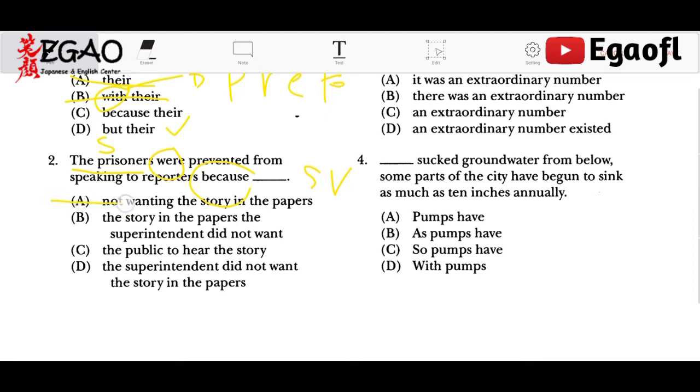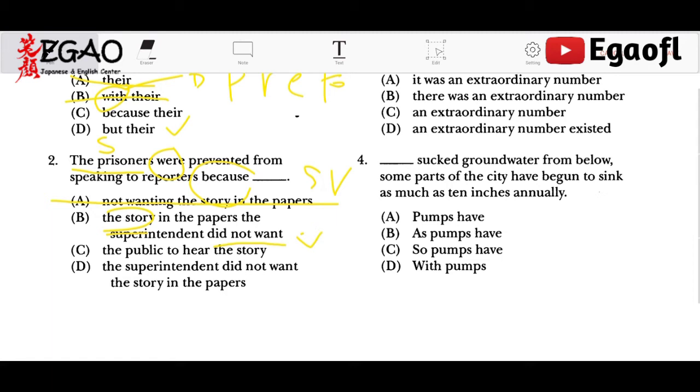So it's an impossible answer. B. "The story in the paper, the superintendent did not want." It may be possible since there is a noun here, "the story," and also "did not want" is the verb.